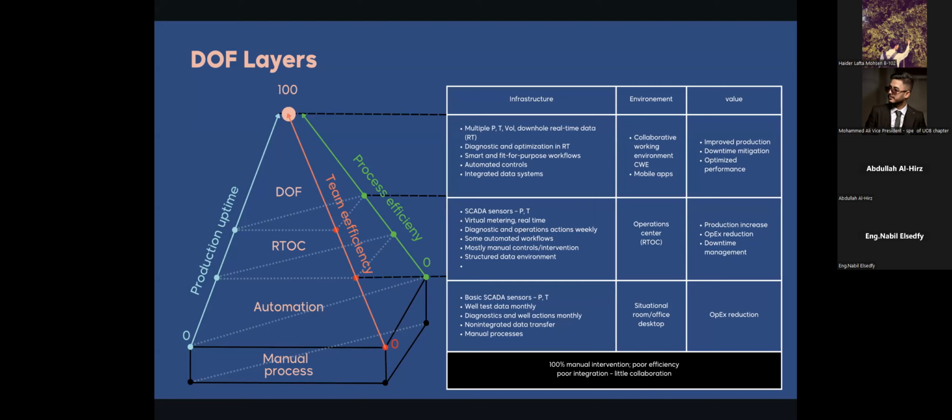All of this can happen in the optimal stage of the digital oil field, where we have more smart and fit-for-purpose workflows, more automated controls, and more integrated data systems. So now we bring more artificial intelligence models to work alongside the engineers. I don't want to say that we need to replace the engineers.